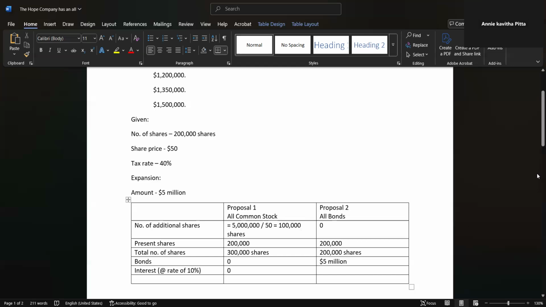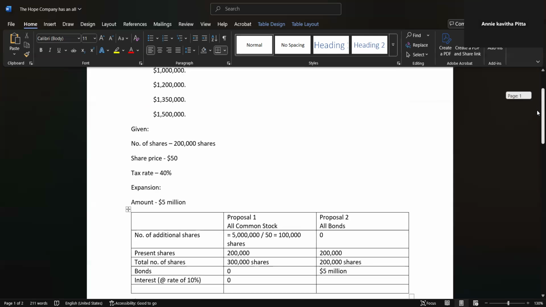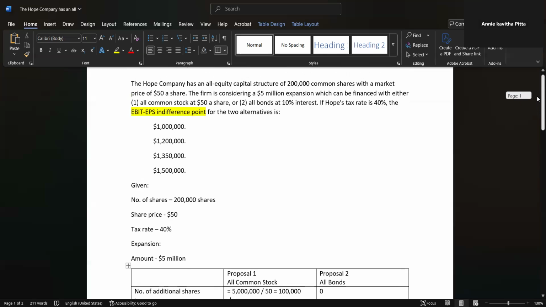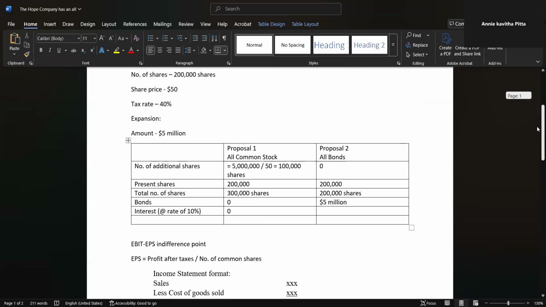At present, there are no bonds in the company because the first line says it's an all equity capital structure of common shares, so no interest is paid at present. But if they issue bonds and collect bond capital of 5 million, interest will have to be paid on this 5 million at the rate of 10%.